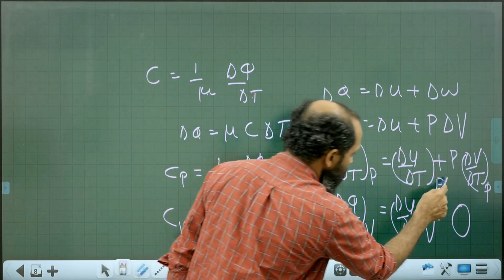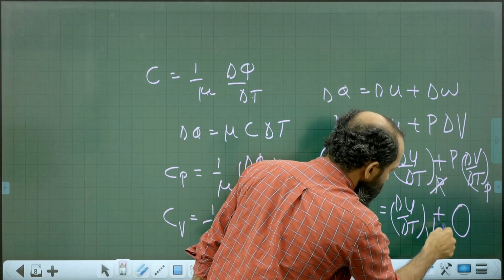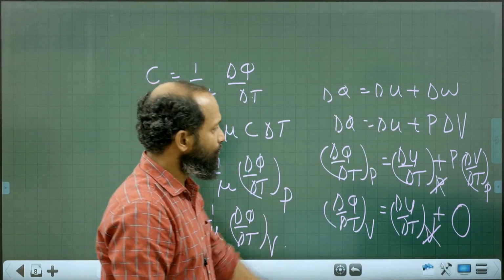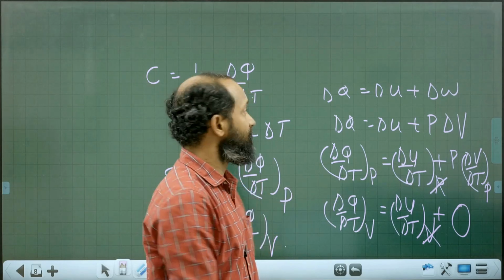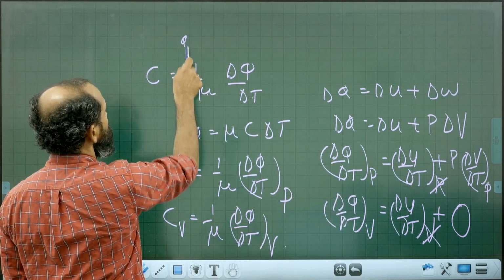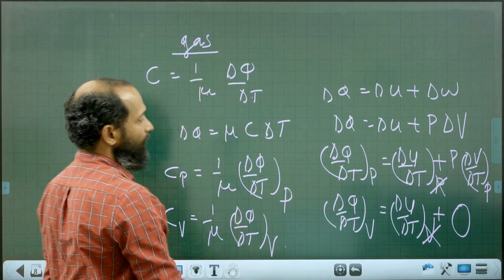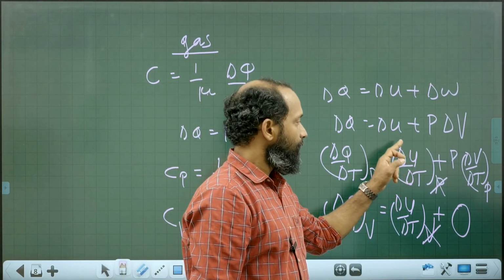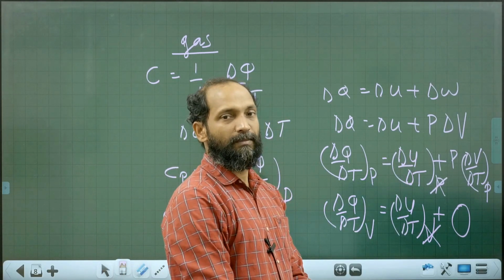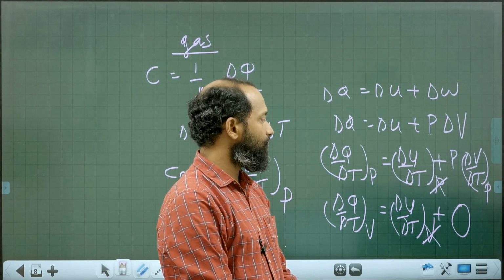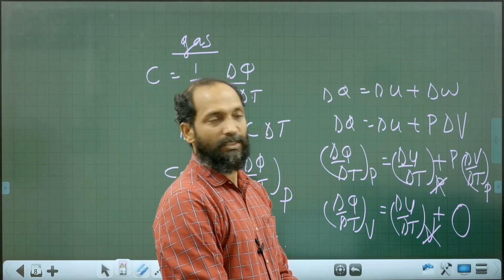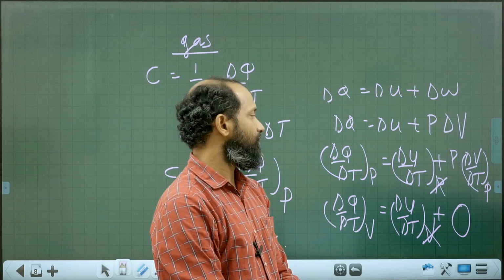Also you can omit these suffixes because we are talking about ideal gases. Internal energy of ideal gases only depends on temperature. It does not depend on pressure and volume, it only depends on temperature.